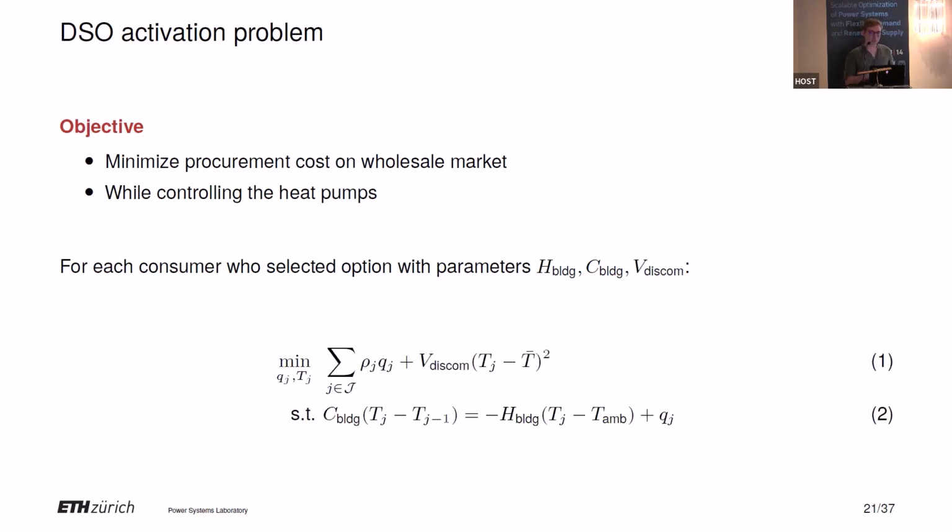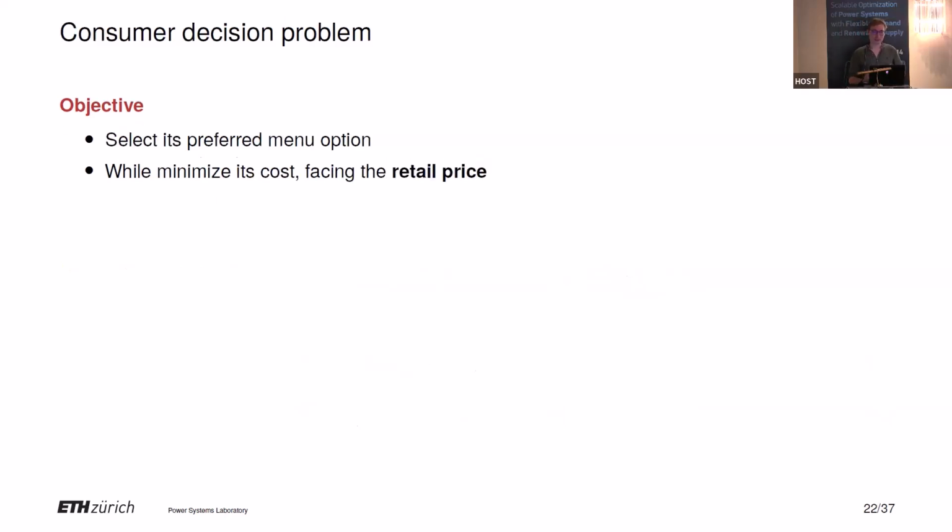In equations, I don't want to enter into the detail, but this can look a little bit like this. Here the procurement cost is simply the cost, knowing that the DSO is facing the wholesale market price. J is the period here, so it's something that's going to change in every time period. And the consumer decision problem now is to select an option in the menu, its preferred option for minimizing its cost, but knowing that it's not facing the wholesale market price because it's in the retail system.